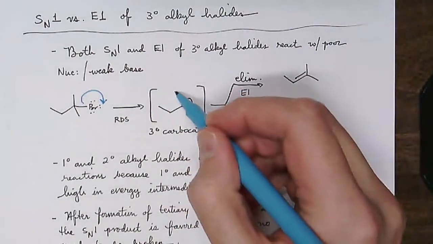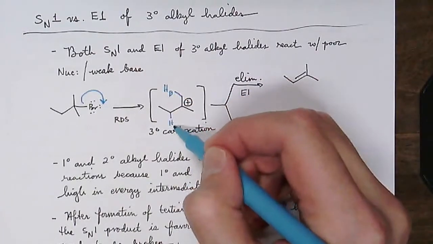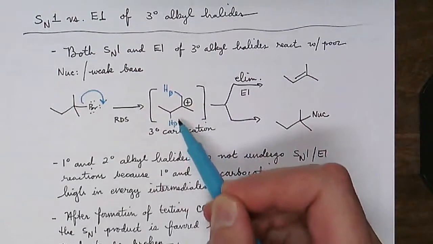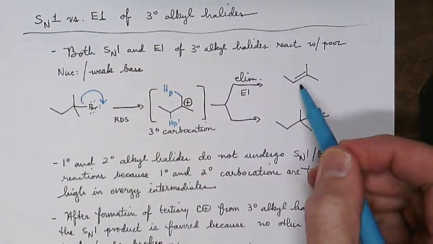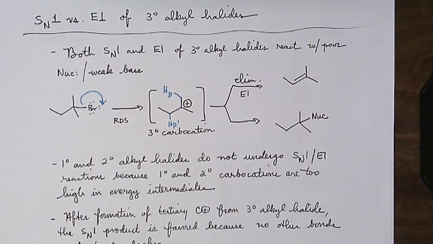Alternatively, the weak base may pull off your beta proton, and in general it would attack mostly beta prime to give you the Zaitsev, more substituted and therefore more stable, alkene product. And remember, that's the same for E2 elimination.